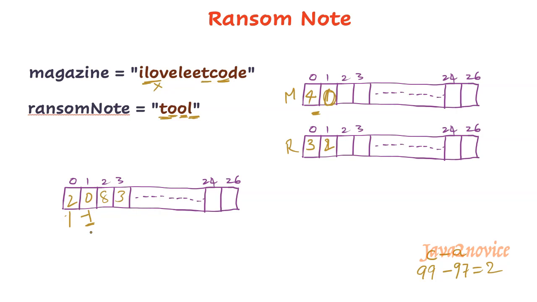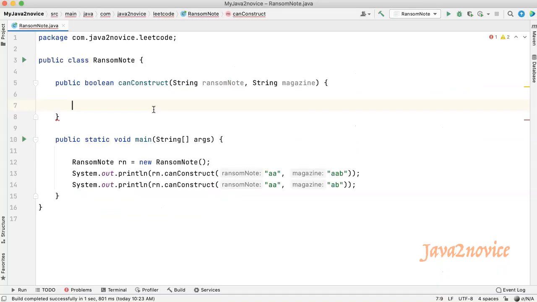Let's write code now. We have already created a method signature for canConstruct. It takes two input strings and returns a Boolean value. Let's do basic validation. If either of the input strings is null, then return false.